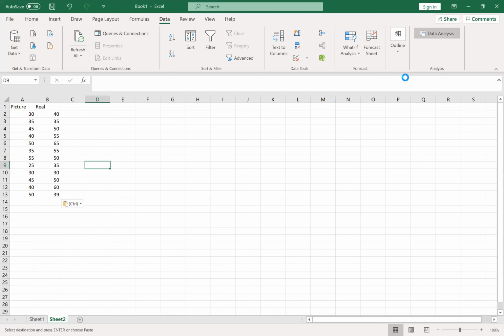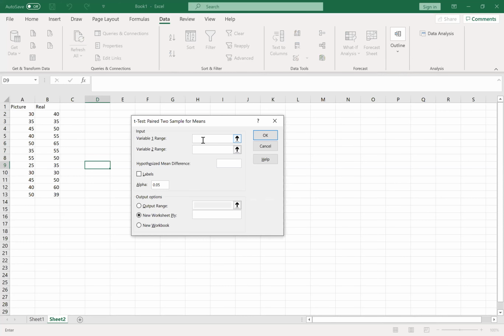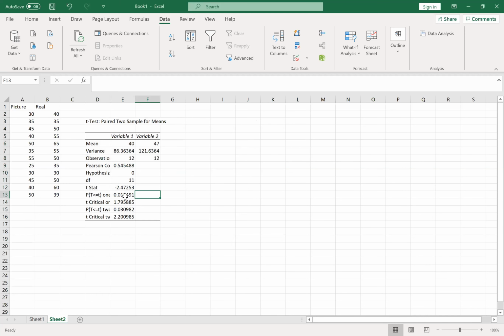But if I click on Data Analysis, I want to do a t-test paired for two sample means. So I do that. I take my variable 1, I take my variable 2, my hypothesized mean difference is 0, my alpha is 0.05, and it does the hypothesis test for me, and it gives me a p-value of 0.015, basically the same as what we got.